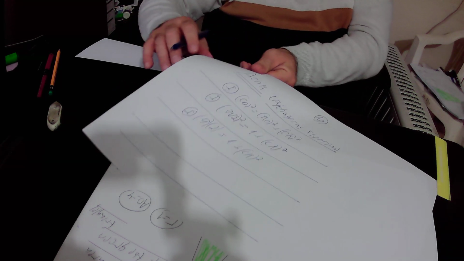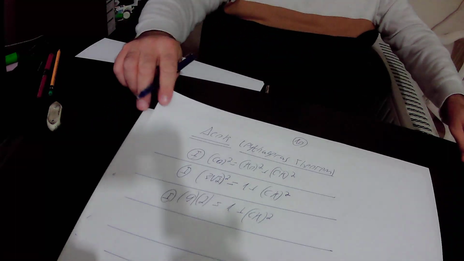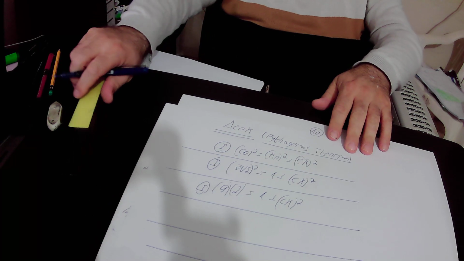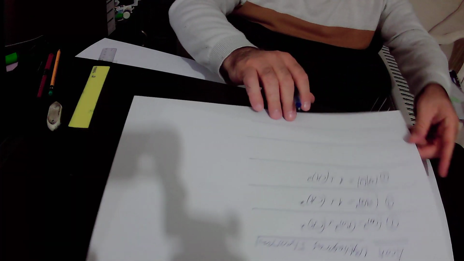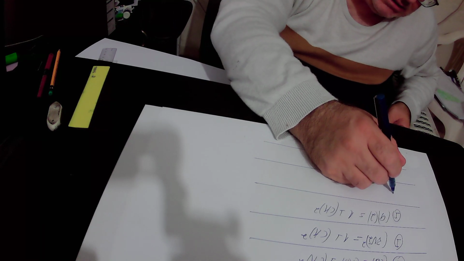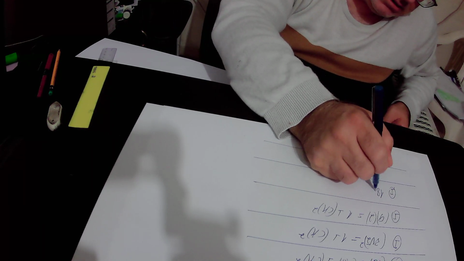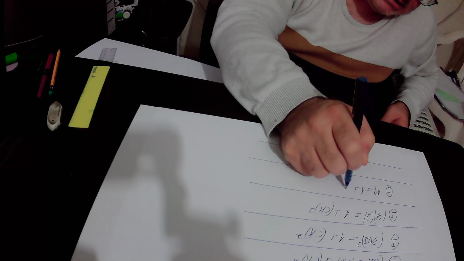Okay? Here 9 times 2 is 18, so I'll write it down. We get that 18 equals 1 plus CK squared.